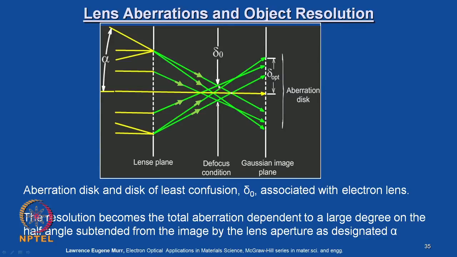If you look at this, all this pair of rays intersect the image plane at different points, and eventually you see this aberration disk in the image plane.